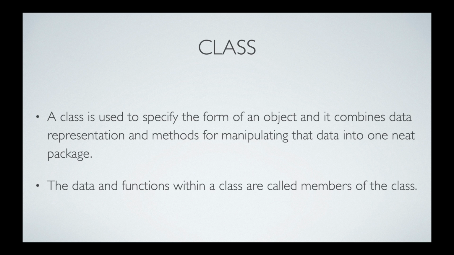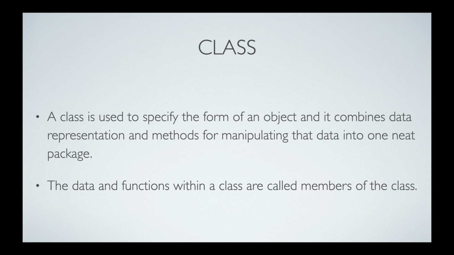The class is used to specify the form of an object, and it combines data representation and methods for manipulating that data into one neat package. The data and functions within the class are also called members of the class. Basically this means it defines the object without actual data values.